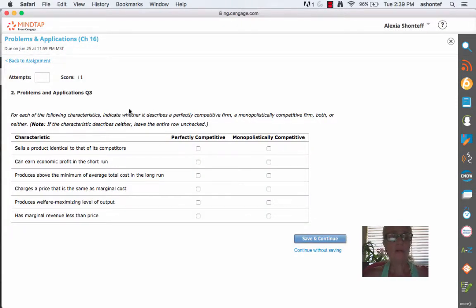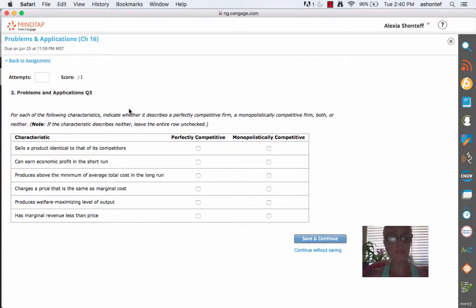Okay, so this one is again looking at a comparison of types of market structures. This is a great question to review for the test because it's helping you go over the characteristics of each different market. So perfect competition versus monopolistic competition.